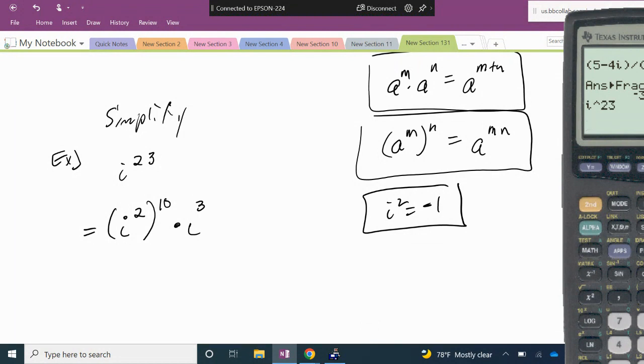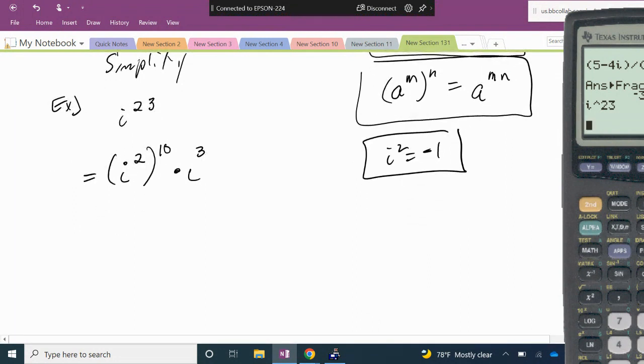So that's actually i to the 23rd power in disguise, because just to check what's going on over here, i squared raised to the 10th power is i to the 20th by using this formula. And then I have i to the 20th times i to the third.